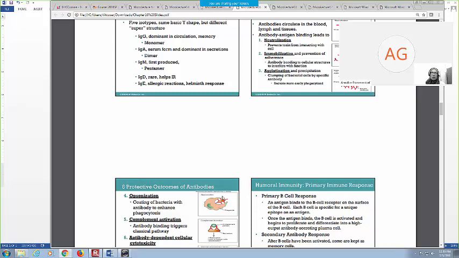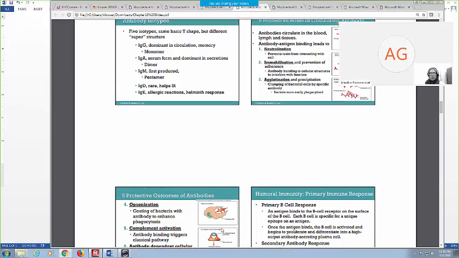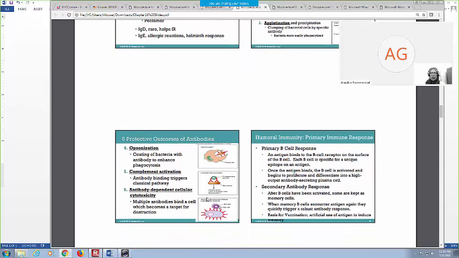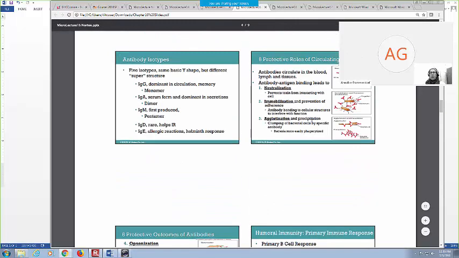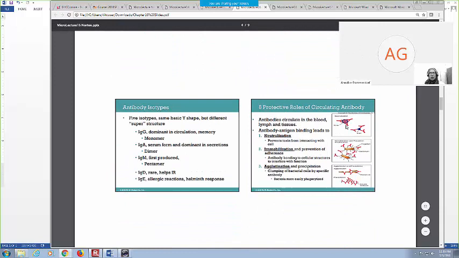So only IgG would be able to carry out opsonization or complement activation, or NK cell activation. But the other forms, IgM, IgA, can carry out neutralization or immobilization or agglutination.